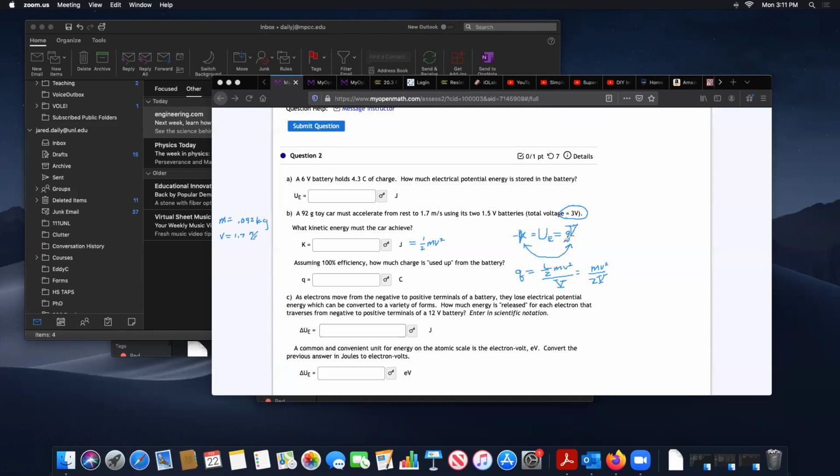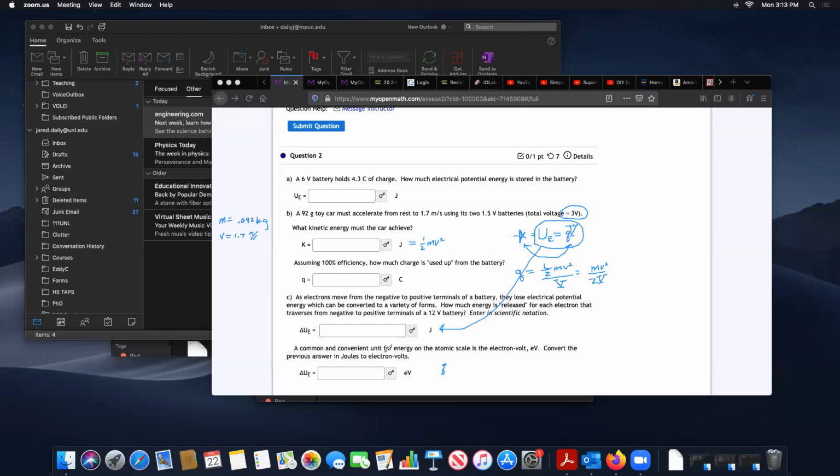And in fact, you use this same equation, but you use this part for part C right there. You use a similar equation here, but instead of Q equal to a number of coulombs, you use it equal to a number of electrons.